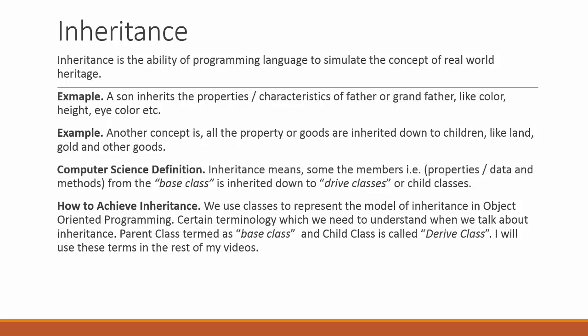Now the point is, how can we achieve inheritance in computer programming or C#? We use classes to represent the model of inheritance in object-oriented programming. There is certain terminology we can use when we talk about inheritance. In the real world there is a parent and there is a child.